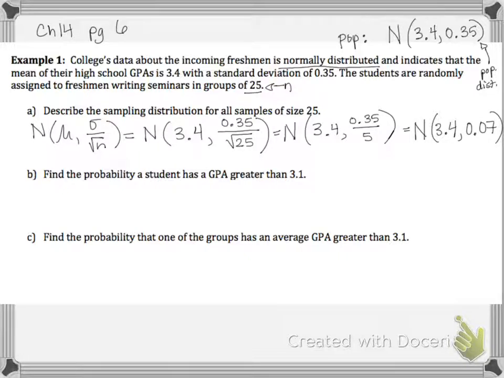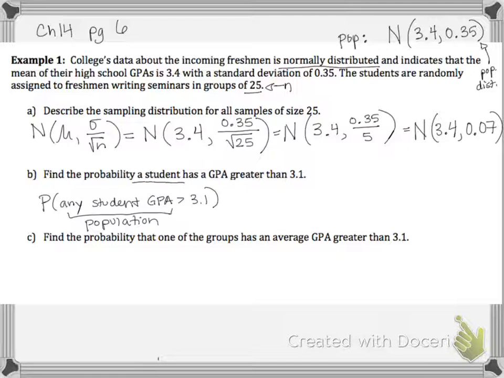Find the probability that a student has a GPA greater than 3.1. So this is any student GPA greater than 3.1. Now, this any student is referring to somebody straight out of the population, not a specific group of students, like one of the classes altogether.